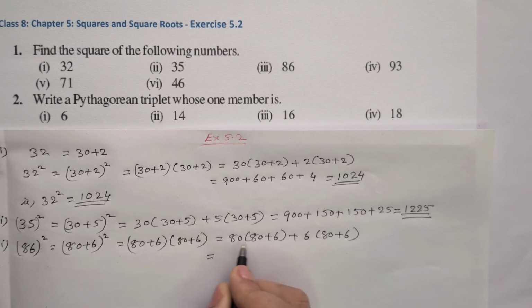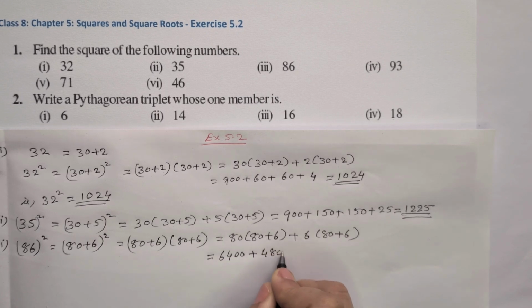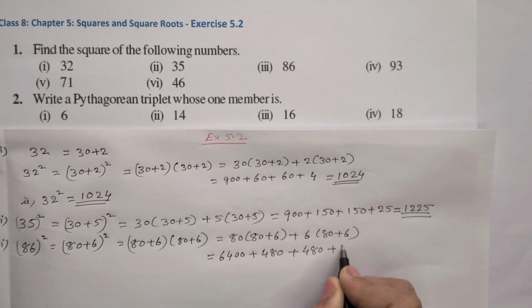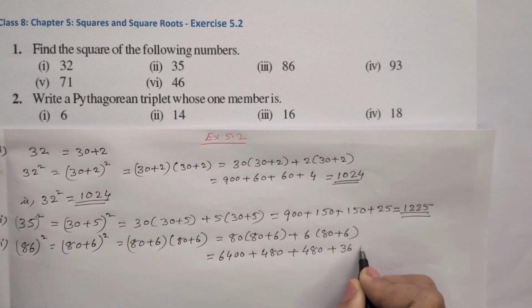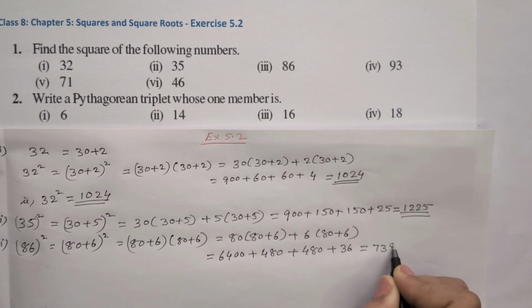And multiplying, 8 8s are 64 and 2 zeros, plus 8 6s are 48 and 0. Here also 8 6s are 48, so 480 plus 36, which is equal to 7396.